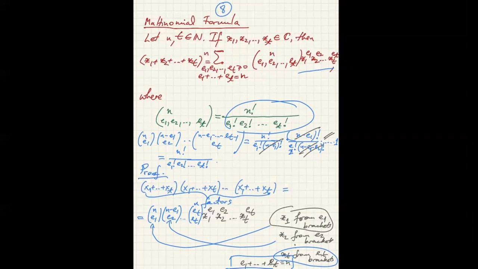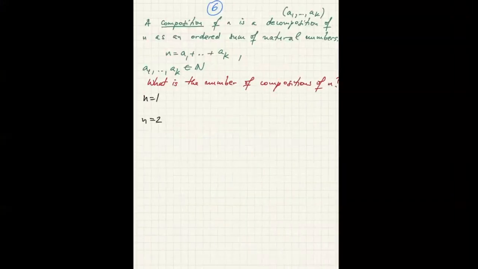Okay, all right. Let's see other applications of these binomial coefficients. So one involves the composition of a natural number. A composition is a decomposition of the number as an ordered k-tuple of natural numbers that sum up to n, such that a1 plus ... plus ak equals n.